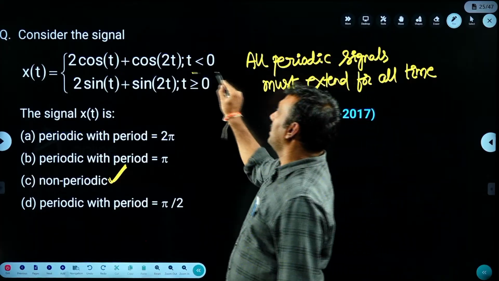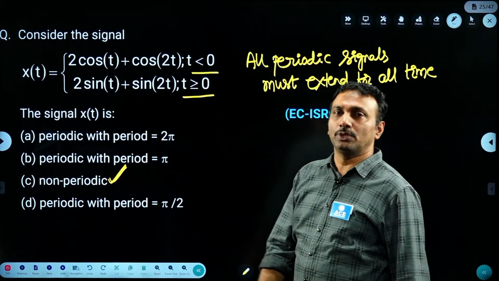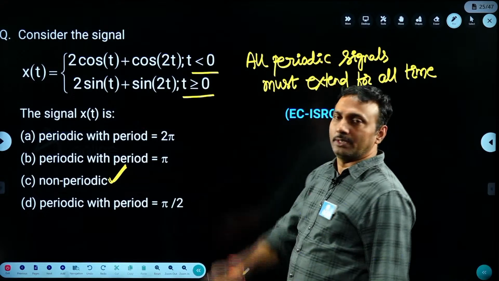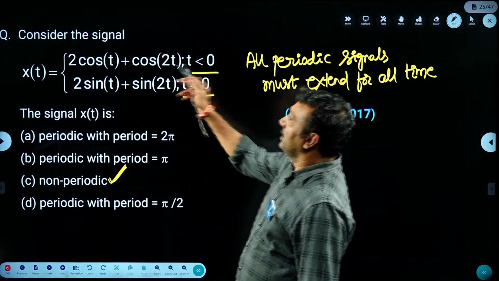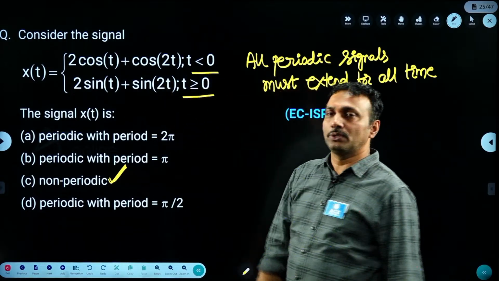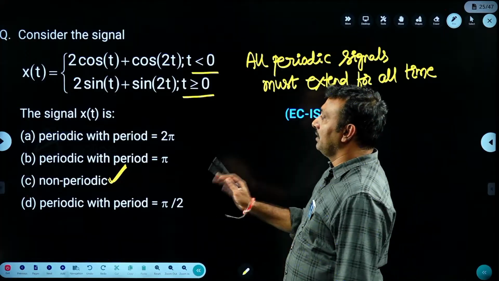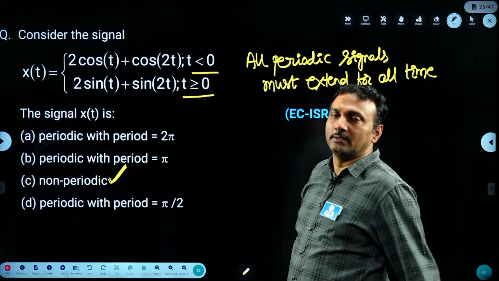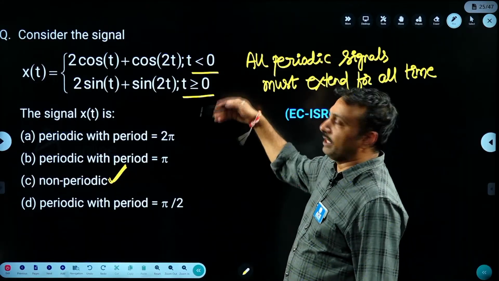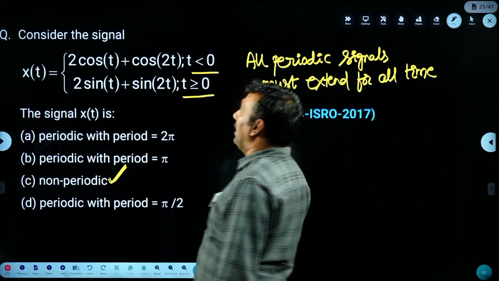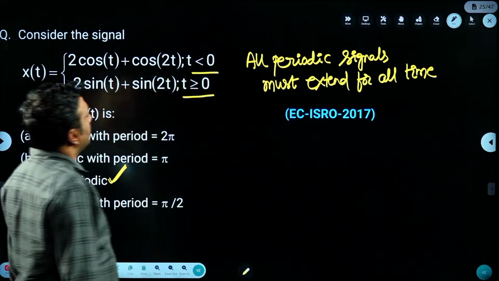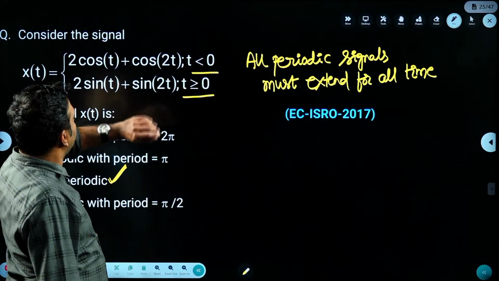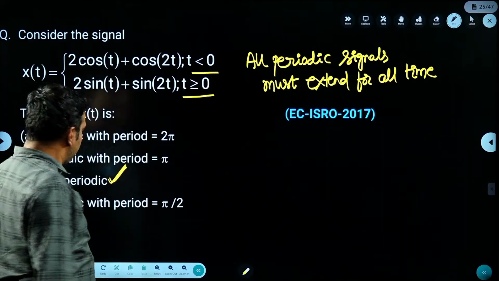But here it is stated t less than 0, t greater than or equals to 0. No need to check it. For t less than 0 some graph, t greater than or equals to 0 some other graph, it is non-periodic. A periodic signal must be everlasting, but they are like switching. For negative time it is a sum of two cos functions, for positive time it is a sum of two different sine functions.